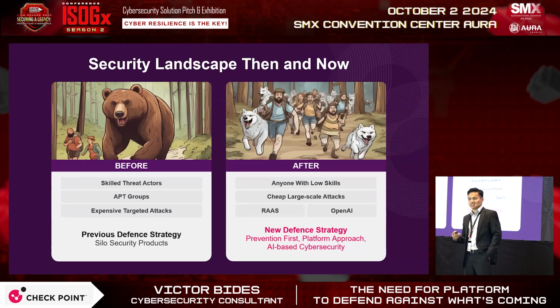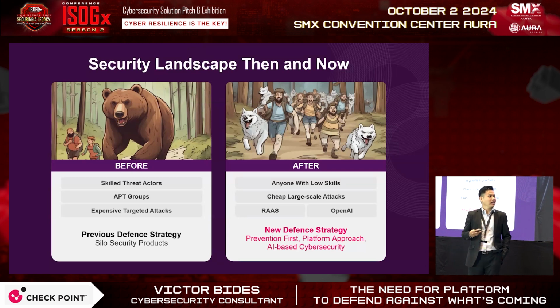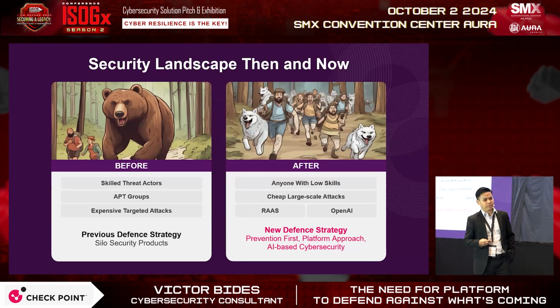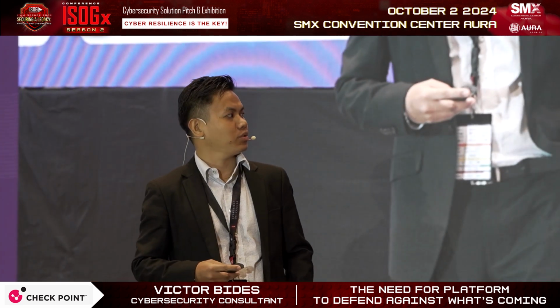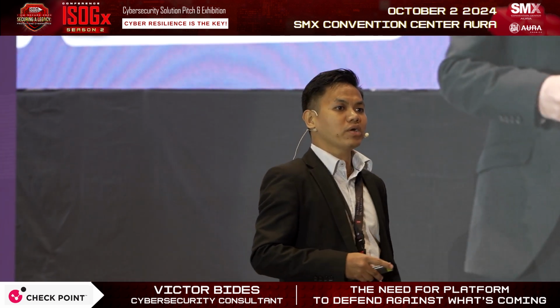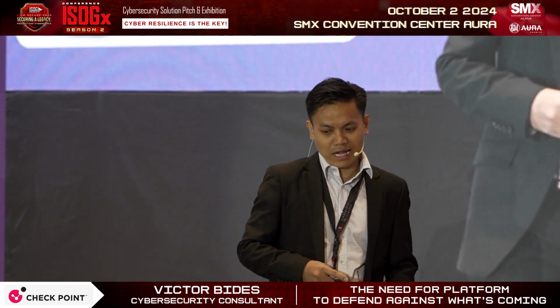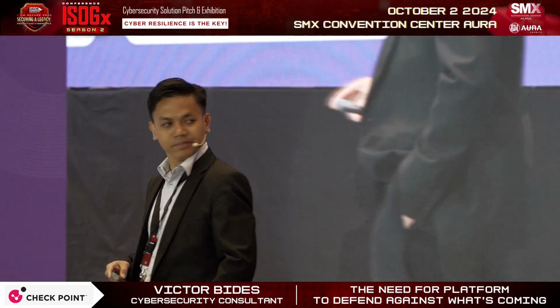But these days, attackers can now launch cheap, large-scale attacks with the advent of generative AI. So with the introduction of generative AI, anyone with low skills can launch a large-scale attack.